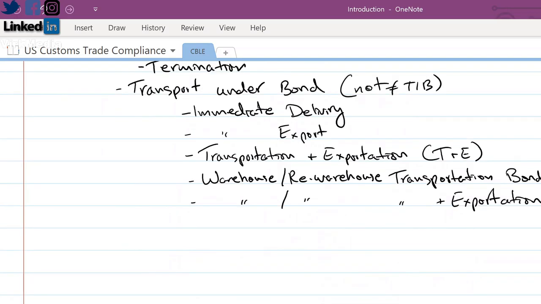Once we talk about the domestic transportation, we'll move on to warehouse entries.